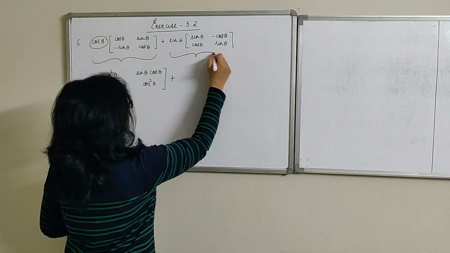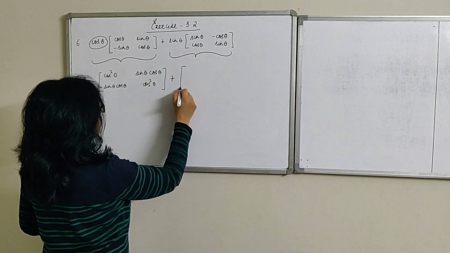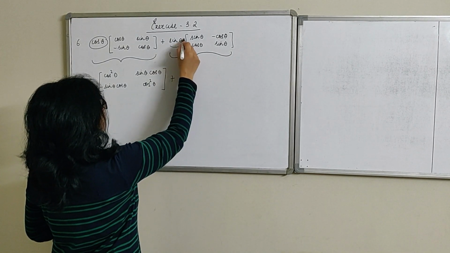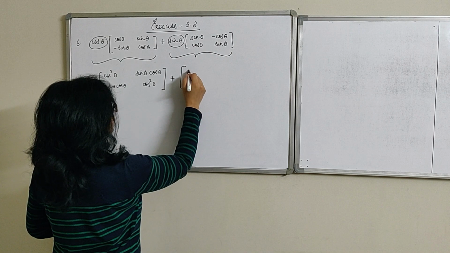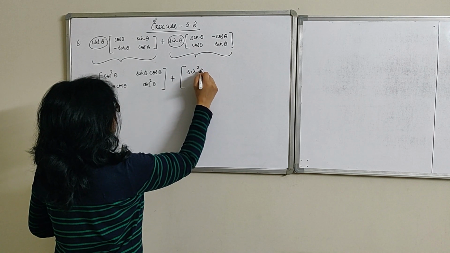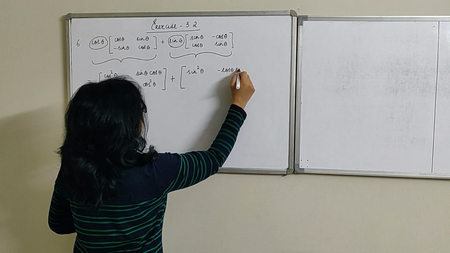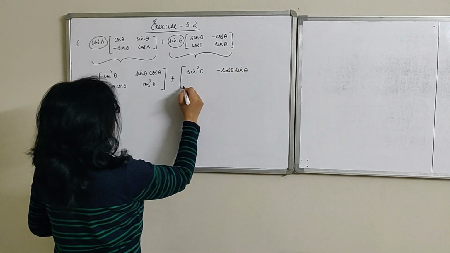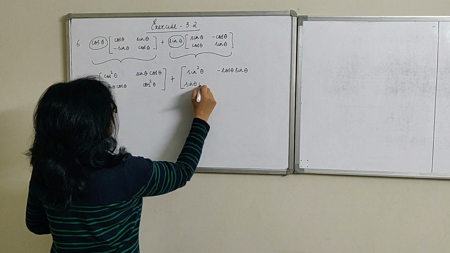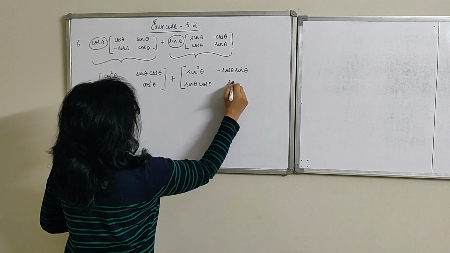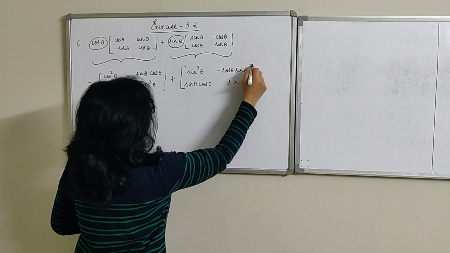Here also we are using the concept of scalar multiplication. So sin theta is multiplied to each element of the matrix, and the new matrix has elements sin square theta, minus cos theta sin theta, sin theta cos theta, and sin square theta.